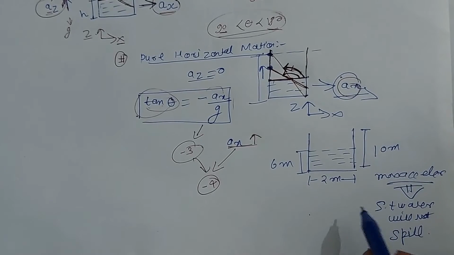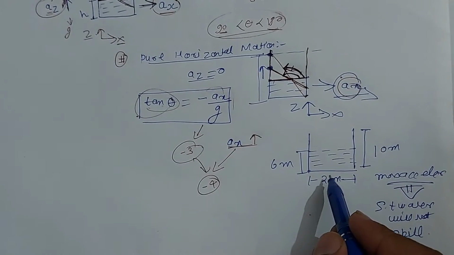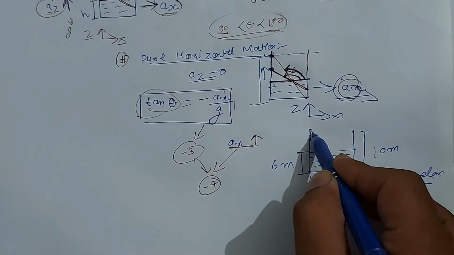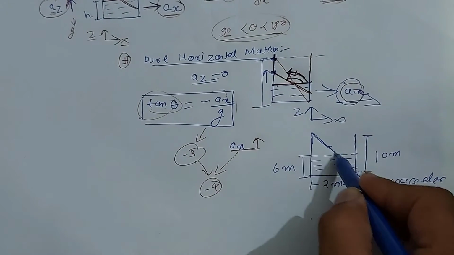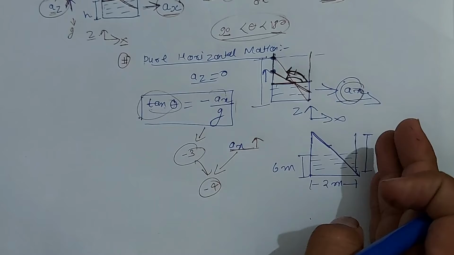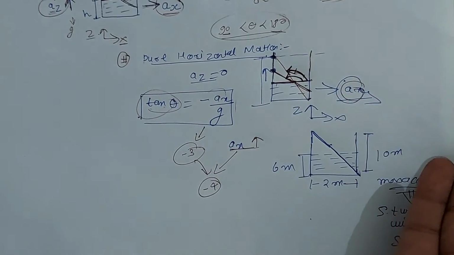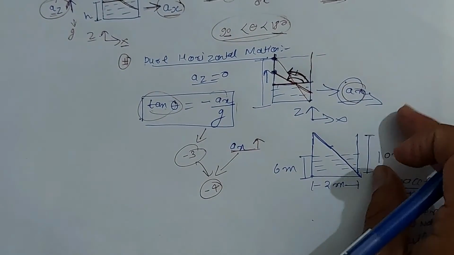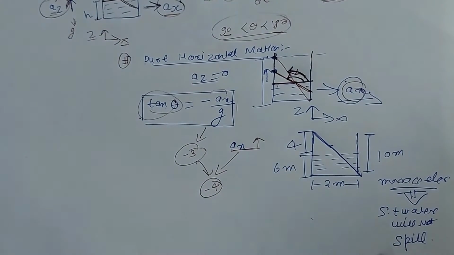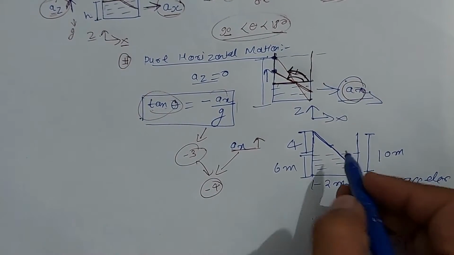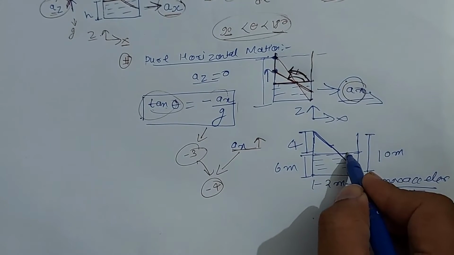So for the maximum acceleration case, the free surface should reach up to this height, because if it reached beyond that, the water would fall. So if this is 10 and this is 6, then this much height is 4, and this we can call theta.